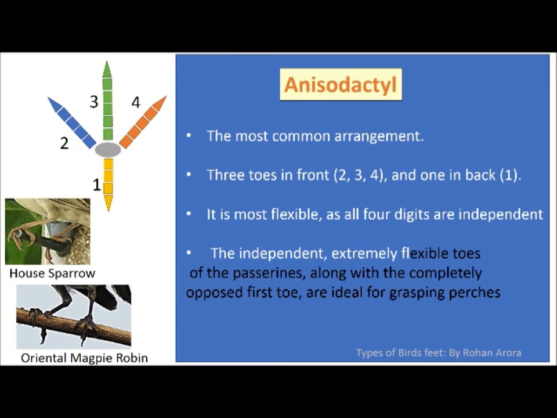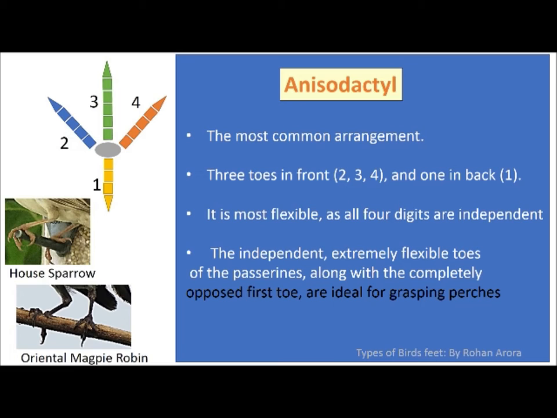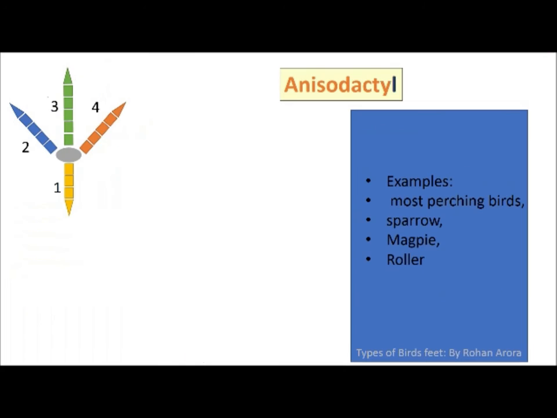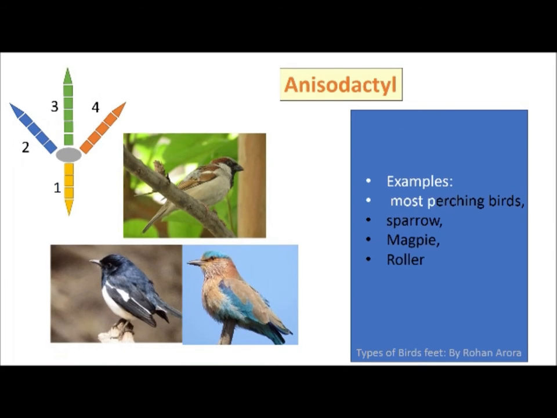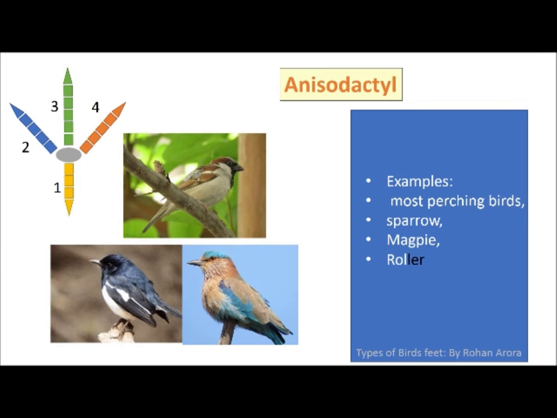The independent, extremely flexible toes of passerines, along with the completely opposed first toe, are ideal for grasping branches. Anisodactyl arrangement is found in most perching birds like sparrows, robins, and rollers.